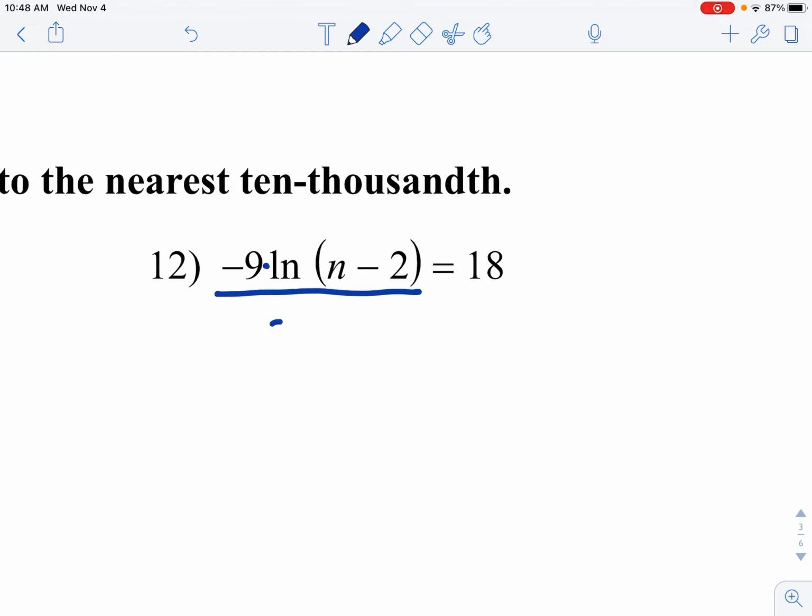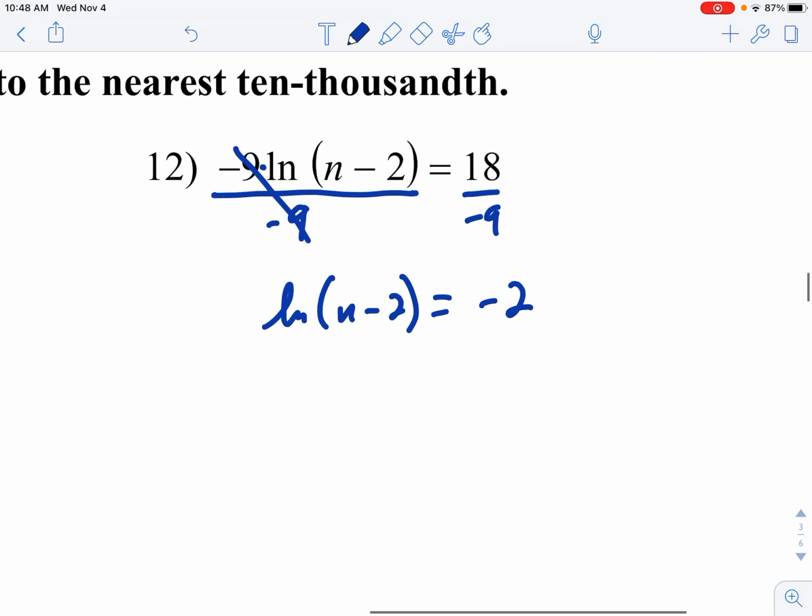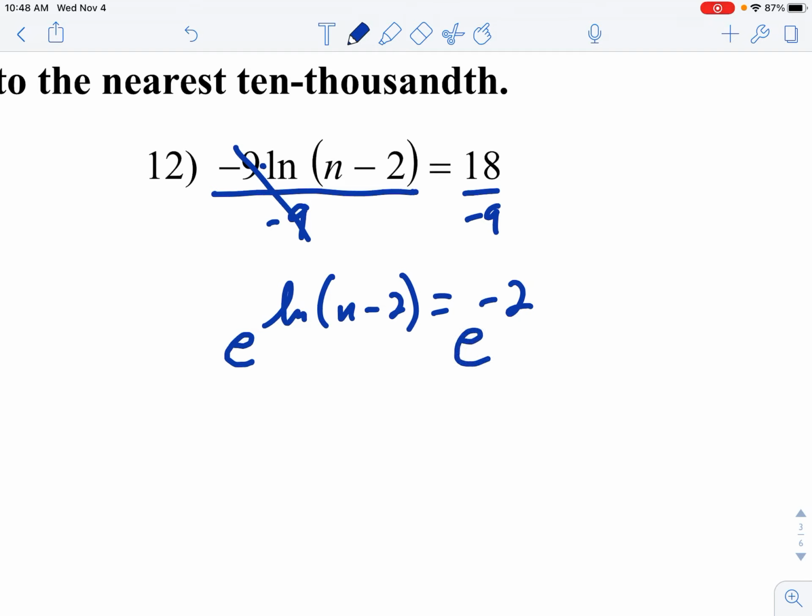So to isolate the variable, we have to do the opposite of times, which means divide. ln of n minus 2 equals, let's see, 18, that's negative 2. To cancel out a logarithm, you drop a base. The base of the natural log is e, so I drop an e here, and I drop an e over there. This cancels out. I get n minus 2 equals e to the negative 2 power.